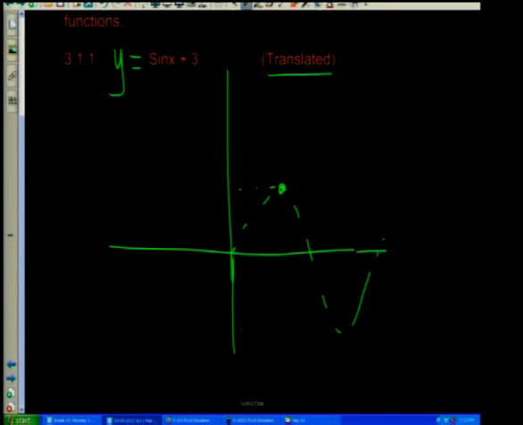If this was 1 unit there, it will have to be increased by 3 units, and it will end up at 4 units. All right, so if it was 0 here, you add 3 units, you end up at 3 there.